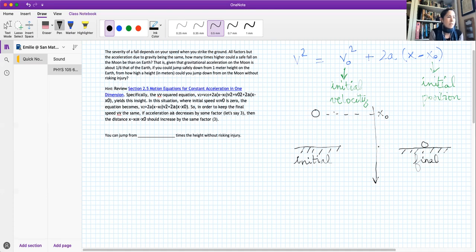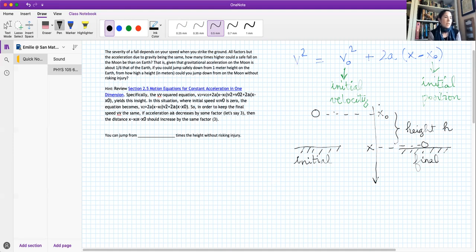And in the same way, I can mark my final position over here. Okay, and you can see that what we're looking at is the difference between the two, which is really what we define as the height. That's essentially what we were looking at. So I'm going to call that H to simplify.